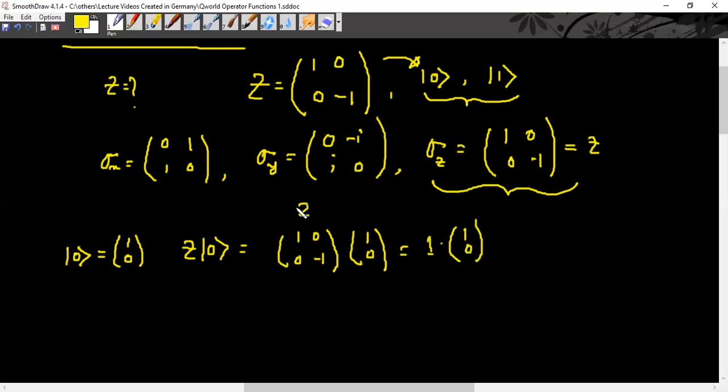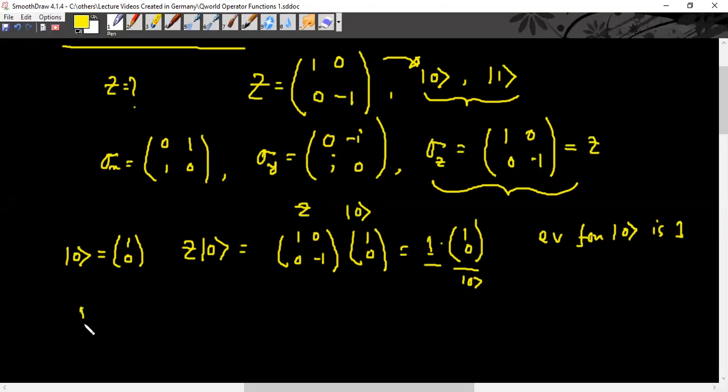So this is our Z, this is our ket 0, and this is our eigenvalue 1, and this is again the ket vector. So the eigenvalue for ket 0 is 1.